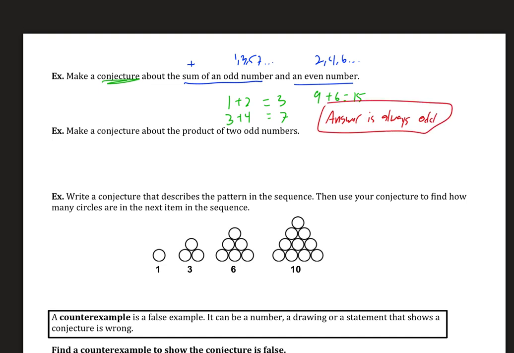Nice. All right. Next, let's make a conjecture about the product, so multiplication, of two odd numbers. All right, so let's just pick random odd numbers. 3 times 1, 5 times 7, and 9 times 5. All right, choosing easy numbers that I know I can do the multiplication with.